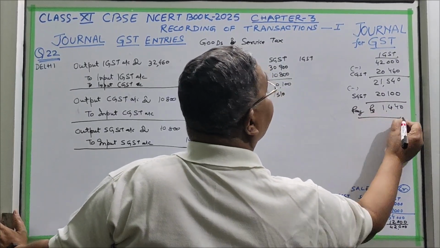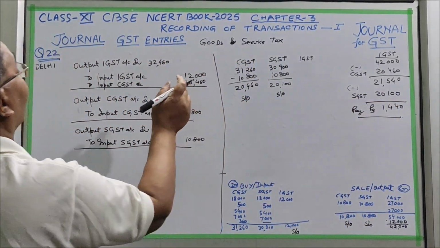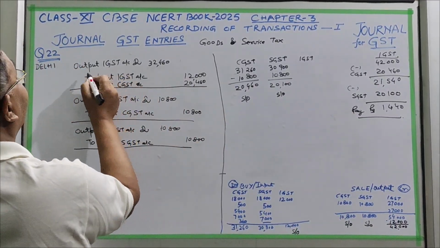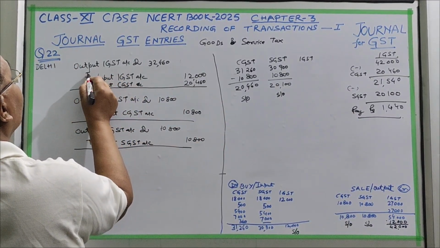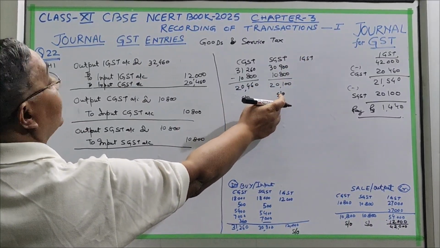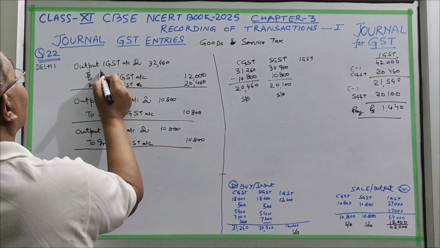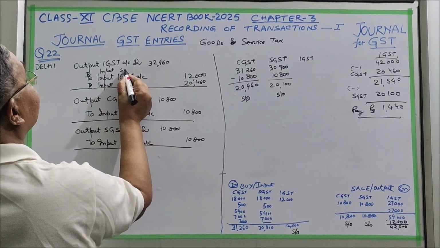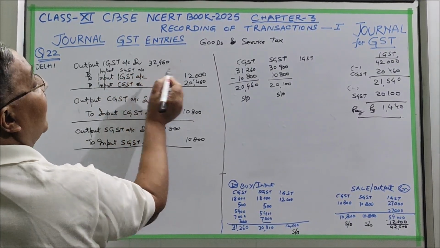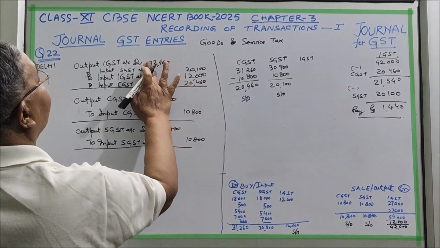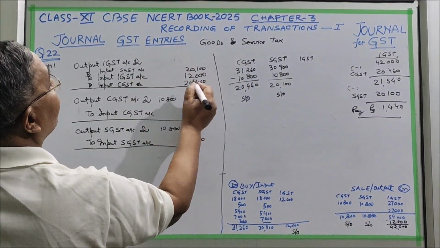So we can write again here to input SGST account, 20,100 we can use here also, and all together the amount will be 52,560.